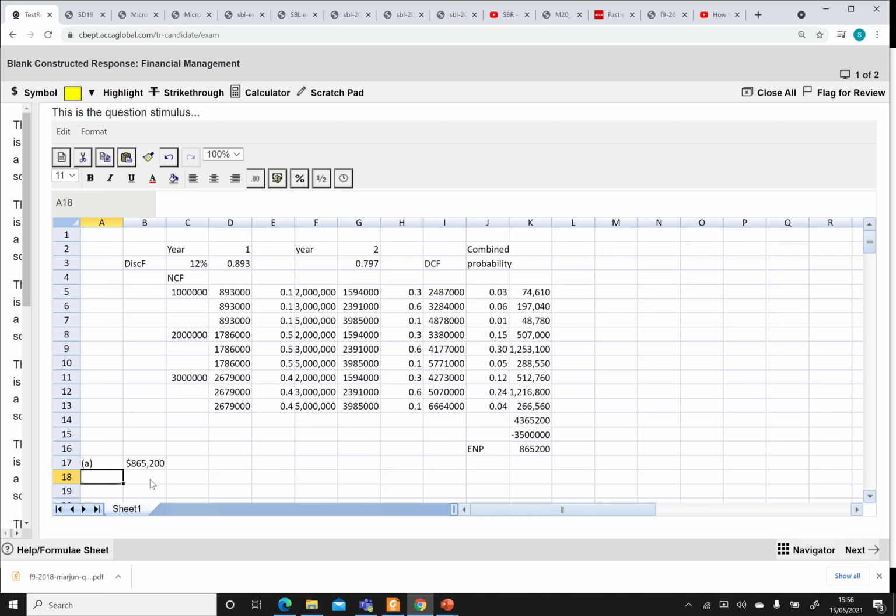dollar sign. My second question is calculate the probability of the investment having a negative NPV. Okay, so for that I would be looking at any figures in here which are lower than 3.5 million.